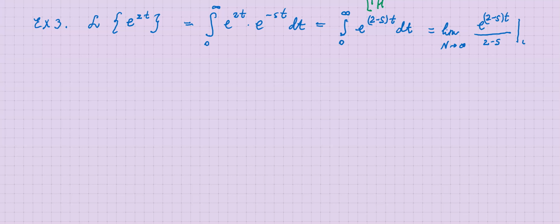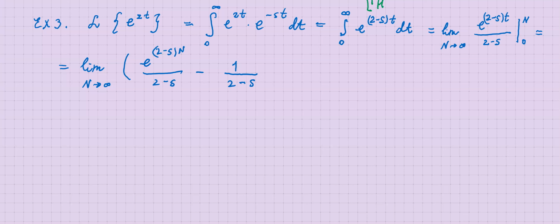I'm going to put limits 0 and n, and write them down and then explain what is going to happen to everything. So we have e to the power of (2 minus s)n over 2 minus s, minus, if you plug in 0 here, e turns into 1, and I have 1 over 2 minus s.